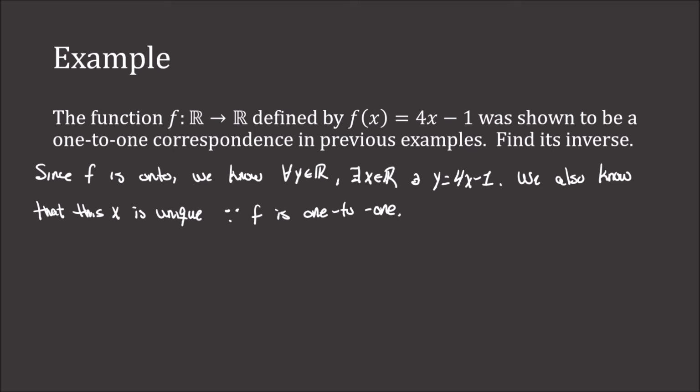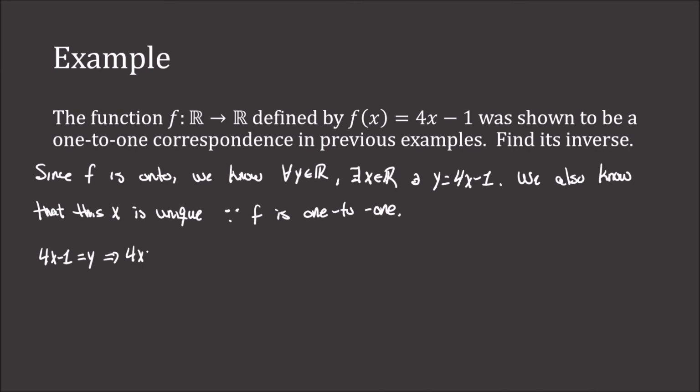So this allows us to solve for x. If you remember, when we did the proof of onto, I already did this. Here's how we do it. We set the function equal to y, and now we solve for x.